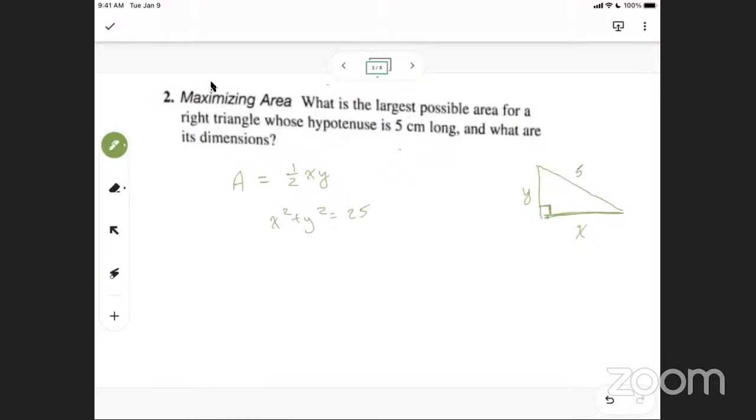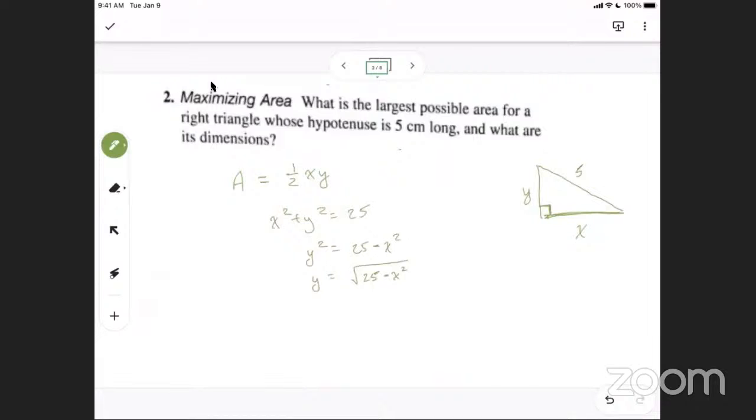Doesn't matter, X or Y. We'll solve it for Y. Y squared equals 25 minus X squared, which means Y equals the positive square root of 25 minus X squared, because Y is a positive number. It's a distance, right? So you don't actually have to put the plus or minus in there.